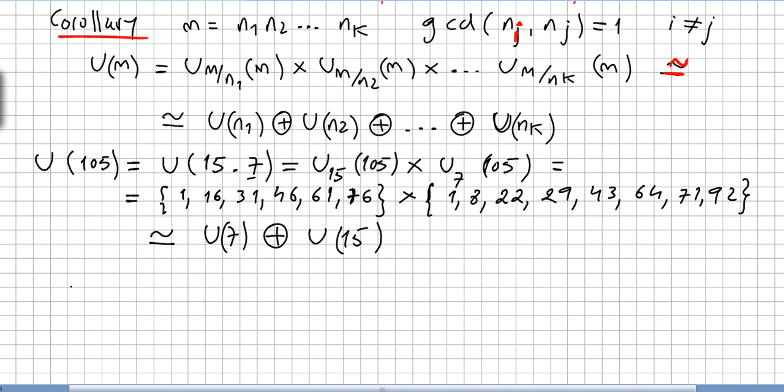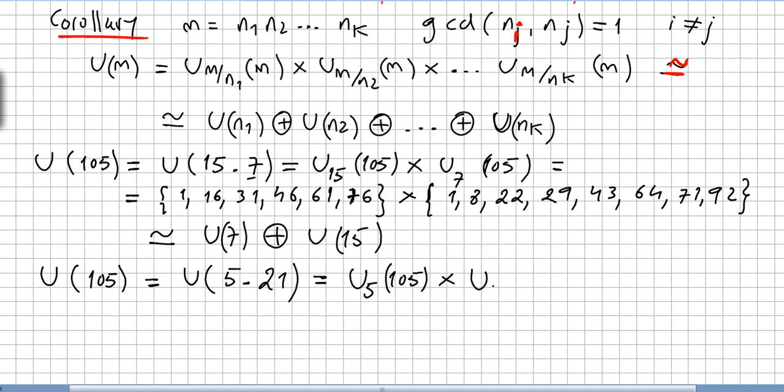But you can do this in a different way. For instance, now you can use these properties. U of 105, here we made 15 times 7, right? Let us do now 5 times 21. So that will be units 5 of 105, internal units 21 of 105.